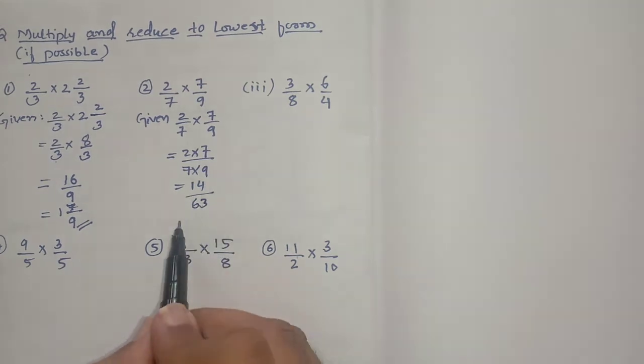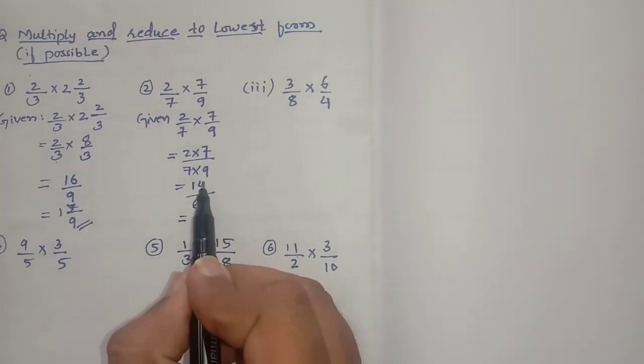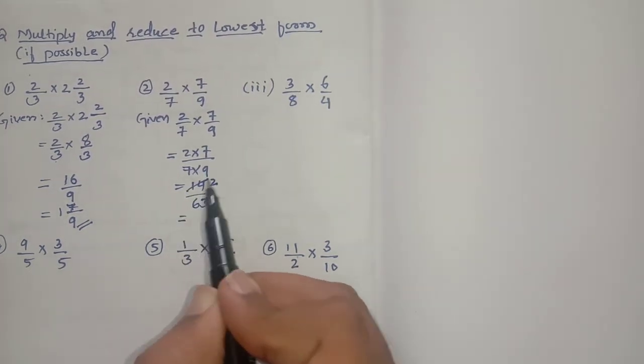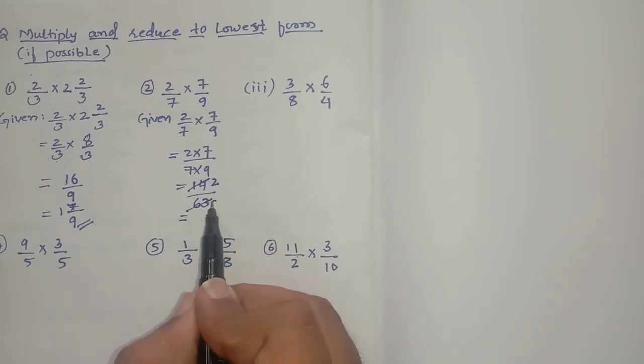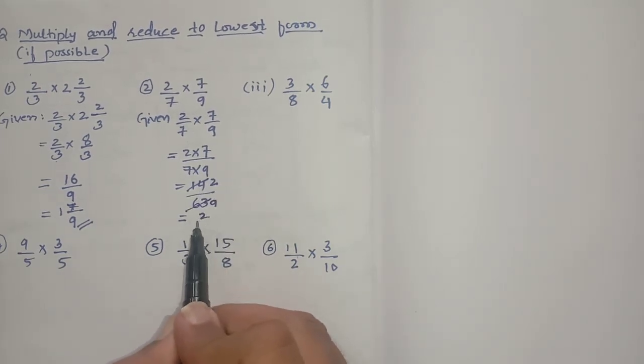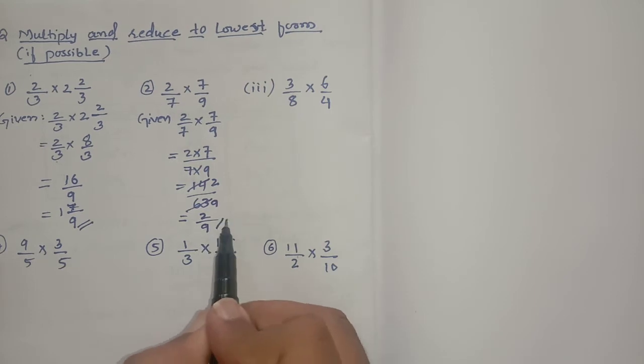Again it is divisible by 7, student. 7 2s are 14. 7 9s are 63. Answer will be 2 by 9.